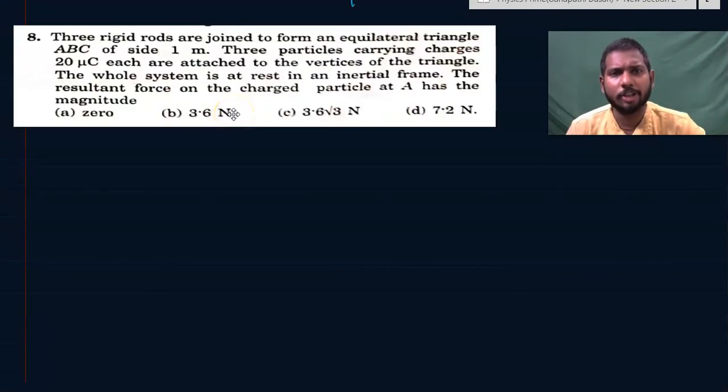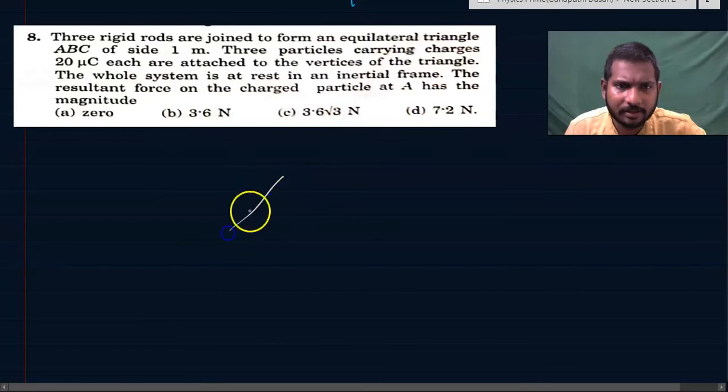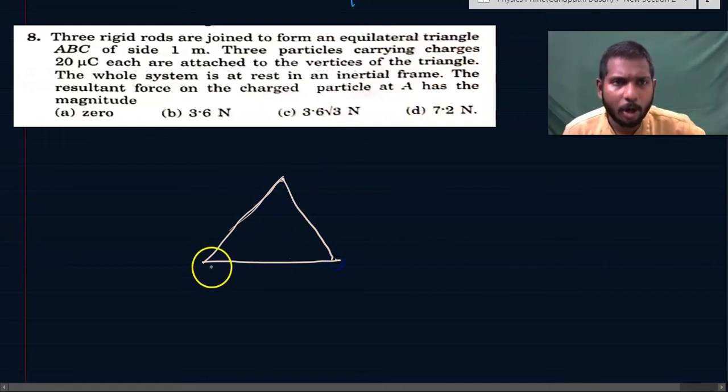Three rigid rods are joined to form an equilateral triangle ABC of side 1 meter.